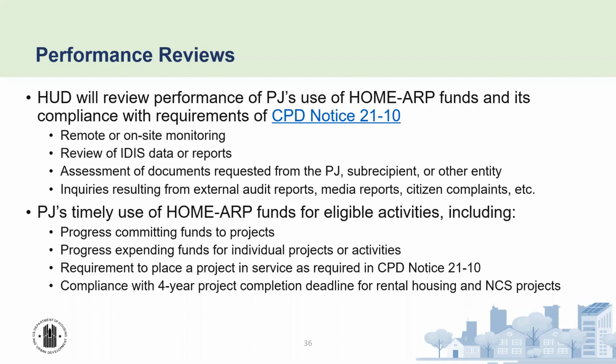HUD's review of a PJ's performance in administering its HOME-ARP program will include a review of the PJ's timely use of HOME-ARP funds for eligible activities, including the PJ's progress committing funds to projects, the PJ's progress expending funds for individual projects or activities, the PJ's compliance with the requirement to place a project in service as required in CPD Notice 2110, and the PJ's compliance with the 4-year project completion deadline for rental housing and non-congregate shelter activities.